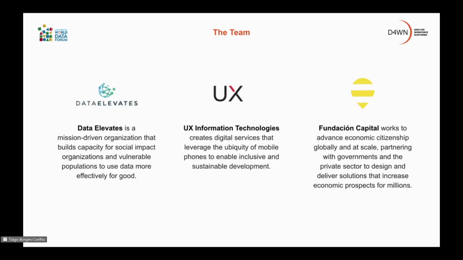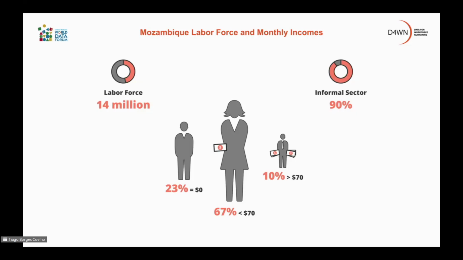Our labor force is around 14 million people, but 90% of our labor force operates in the informal sector. And as you can see, the monthly incomes are very much skewed towards poverty, with 67% of people earning less than $70 a month.